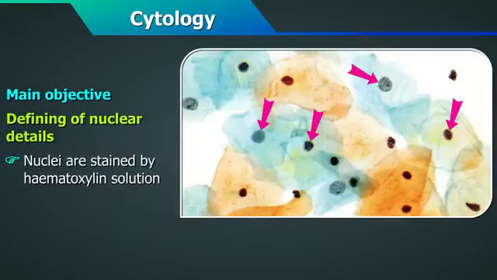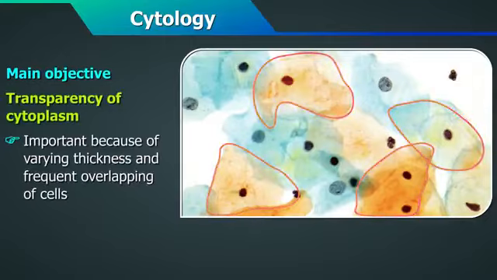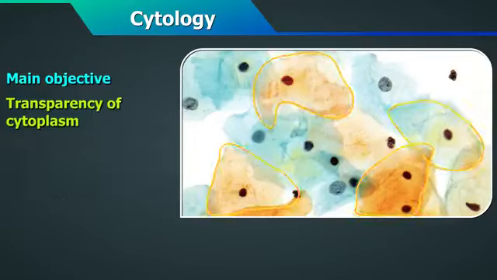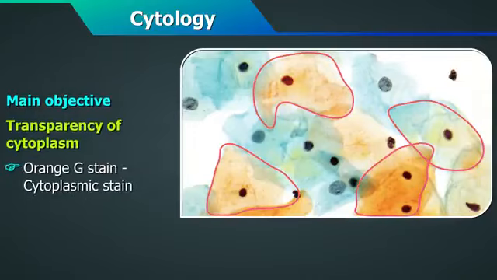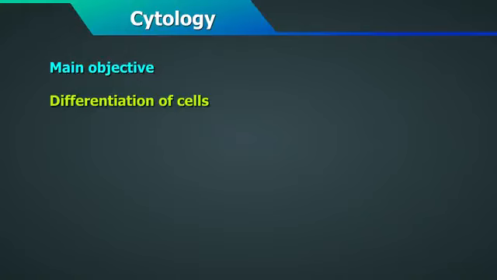Nuclei are stained by hematoxylin solution. Transparency of cytoplasm. This is of particular importance because of the varying thickness and the frequent overlapping of cells. Orange G stain is used as the cytoplasmic stain. Differentiation of cells.